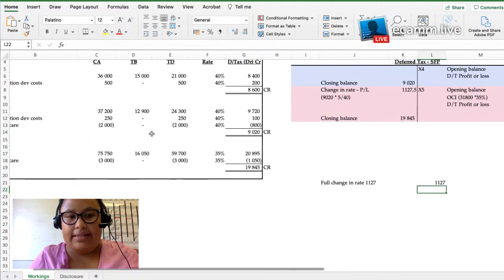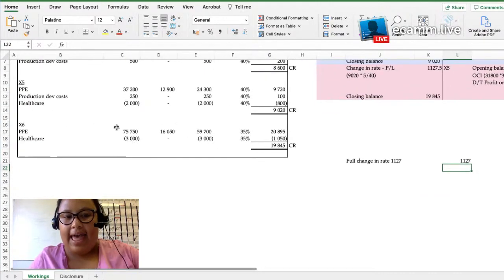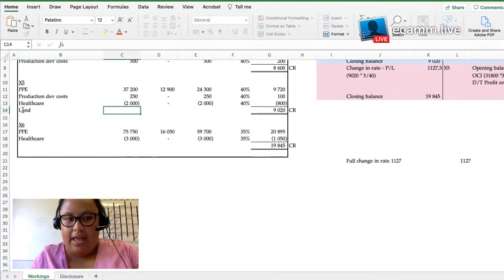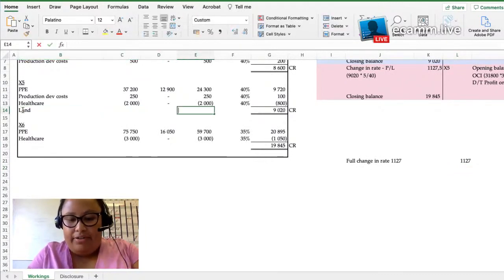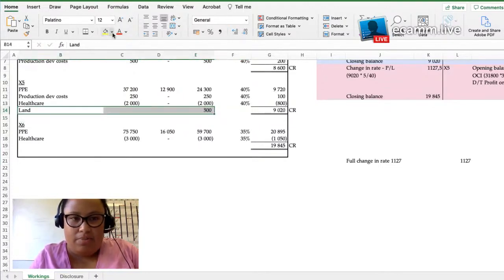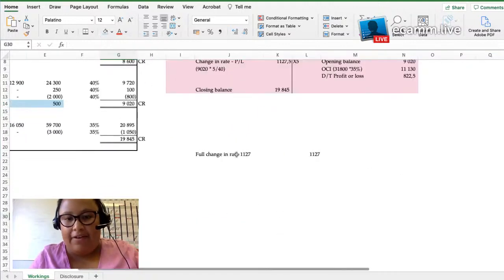So what I would do is, let's say there was land over here, and let's say there was a temporary difference of 500. For argument's sake, I think I should highlight this differently because it's not part of the calculation, it's just extra. So let's just say it was 500.